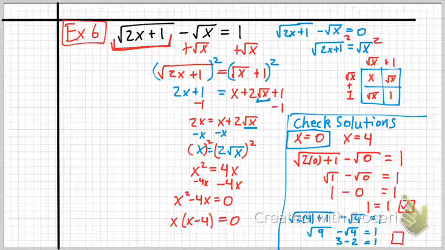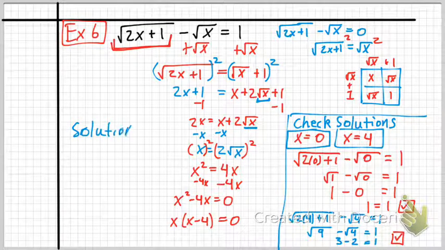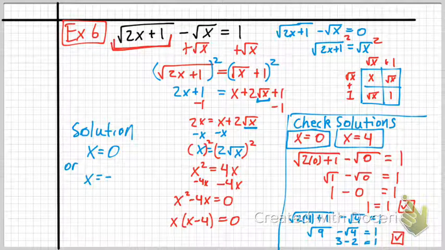And so we're happy here as well, because 3 minus 2 is definitely 1, 1 minus 0 is definitely 1, so both of these solutions are actually valid. So my solutions are x equals 0, or x is equal to positive 4.